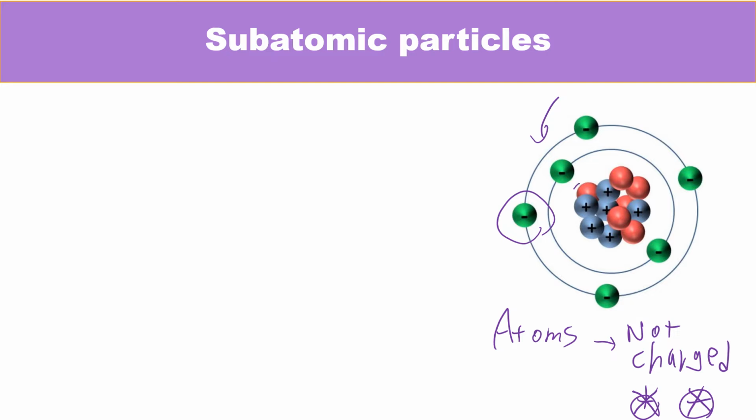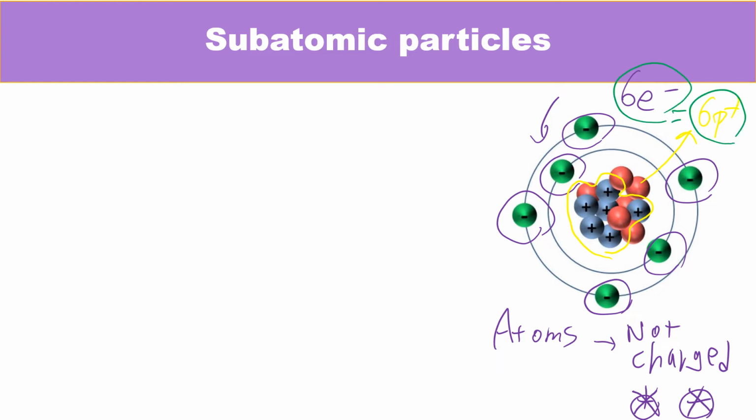I can see 1, 2, 3, 4, 5, 6 electrons. If you look at the number of protons also, you can see I have 1, 2, 3, 4, 5, and 6. So we have 6 protons. That means the number of electrons and the number of protons are balanced.